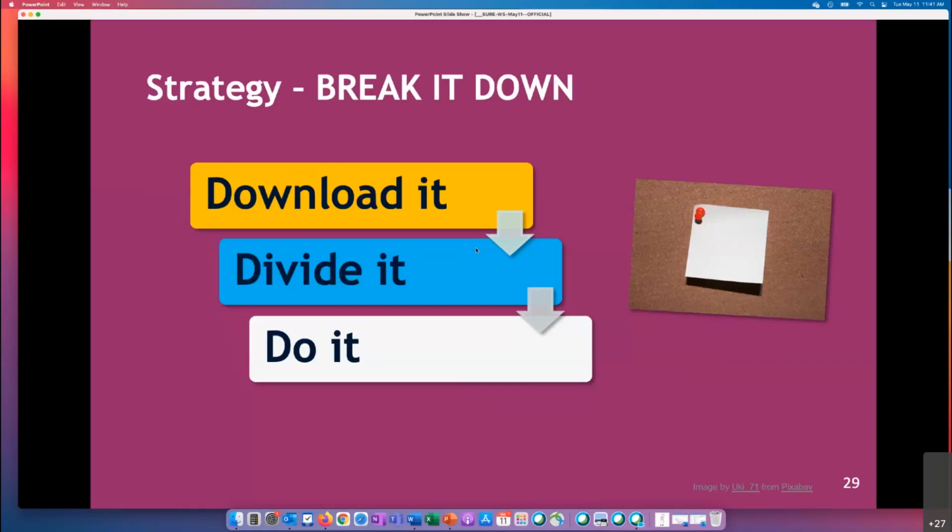Our heads aren't meant for long-term prolonged storage. We have limited capacity, so use that capacity as best as we can. Get it out of your head, write it down, and divide it into smaller pieces that are doable. Don't try to tackle big projects; do a step at a time.